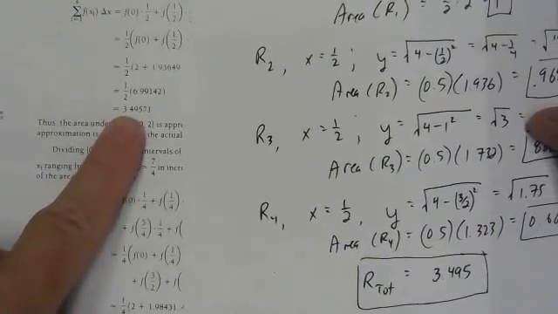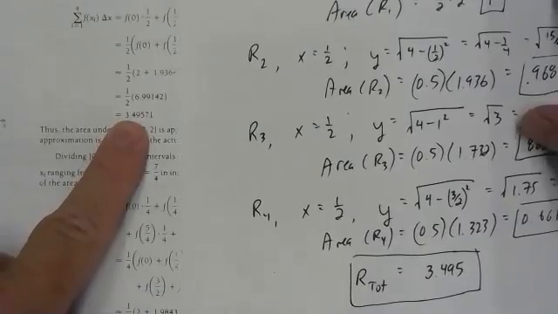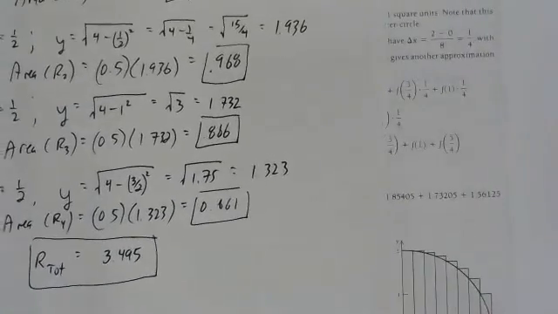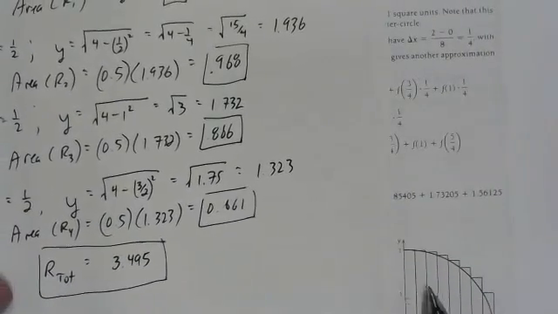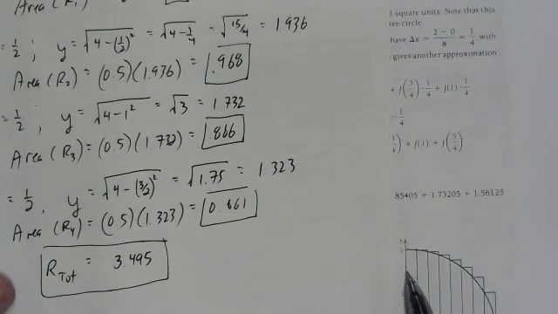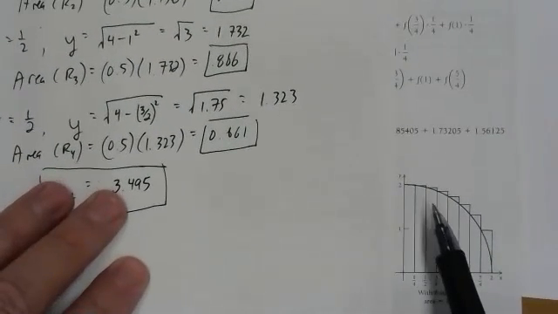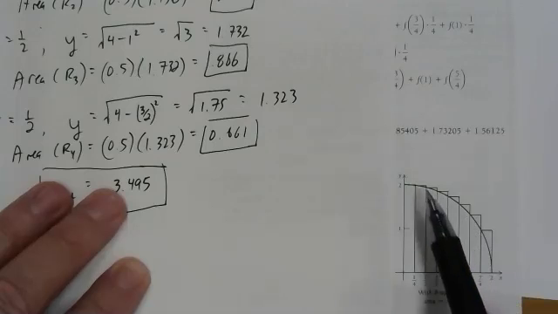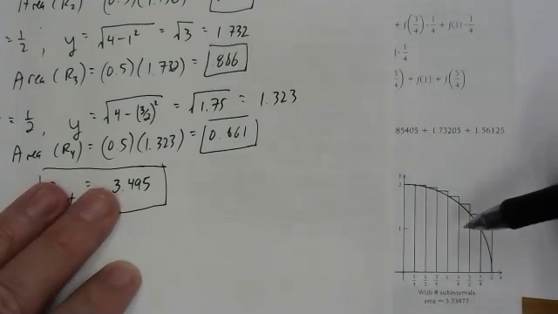With 4 rectangles, that's the area, so we did it correctly. What happens when we go to 8 rectangles? Because the rectangles are narrower, there should be not as much extra rectangle outside the curve.